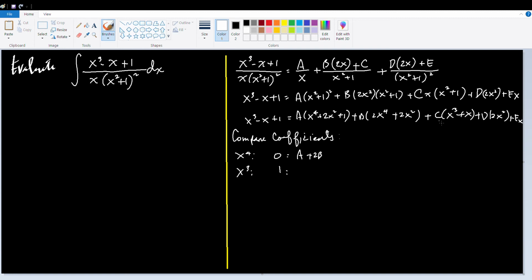At the right side, we only have c. So immediately, we have the value of c equal to 1. Okay, then go to x squared. 0. We have 2a plus 2b plus 2d. Alright, then for x, it will be negative 1. It will be c plus e.